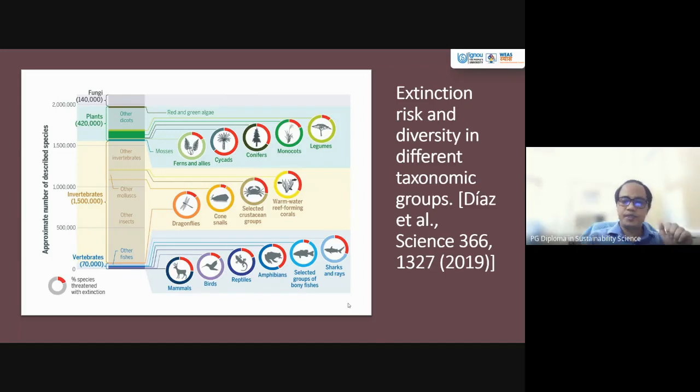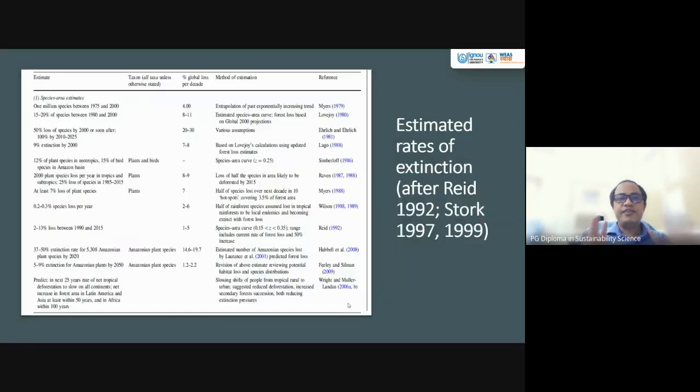This is the figure, and here is how to estimate the rates of extinction. For example, I'm taking only this table and explaining only one component, right? The others you will be able to understand easily after you download it. One is 1 million species between 1975 to 2000.